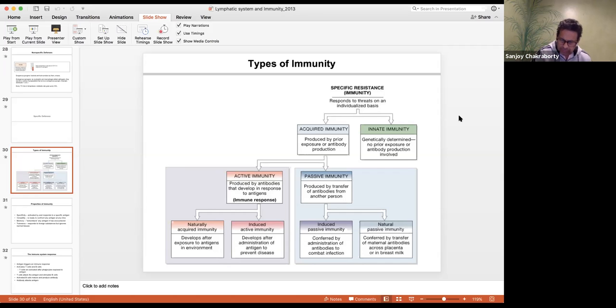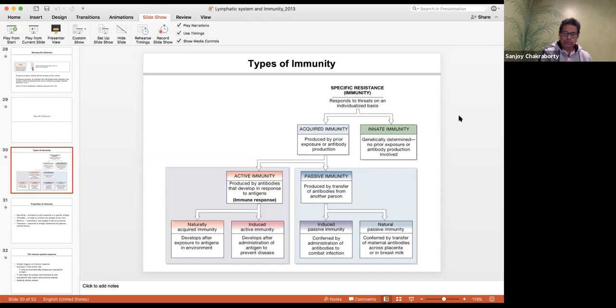So in summary, the specific defense can go with the T cell mediated, or we can say cell mediated immunity, or we can say humoral or antibody mediated immunity. In order to kill, we have to present the antigen. How do we do it? We use the 2 classes of MHC protein, class 1 and class 2.